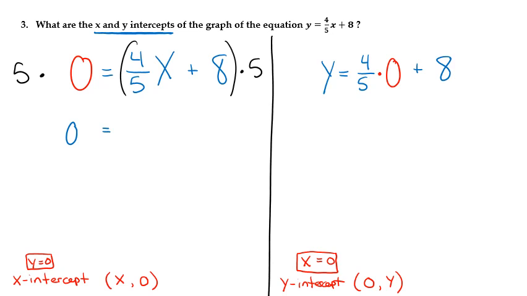And then the 5 has to multiply both terms on the right-hand side. So we have to do 5 times 4/5 x and 5 times 8. Well, 5 times 4 over 5, the 5's cancel, so that would be 4 times x. And then 5 times 8 is 40.